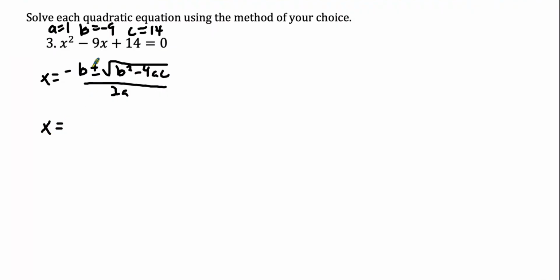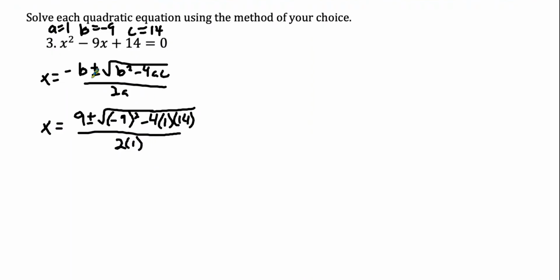So the opposite of b, so the opposite of negative 9 would be positive 9, plus or minus the square root of b squared, so negative 9 squared, minus 4 times a times c, all of that over 2 times a, which in this case a is 1.